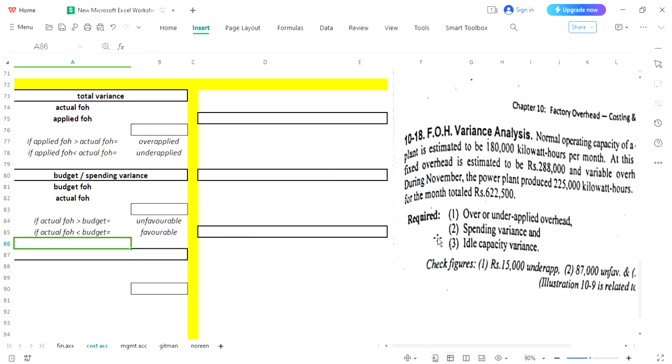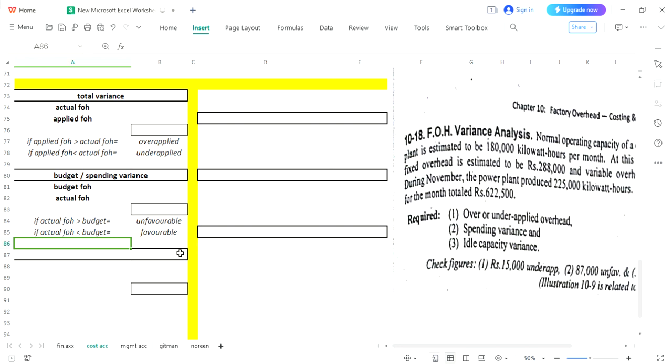Spending variance, also called budget variance, is the relationship between budget and actual FH. And we will also be concluding as unfavorable or favorable. If actual is more, it is unfavorable. If actual is less, it would be favorable. Then let's see our third requirement: idle capacity variance.